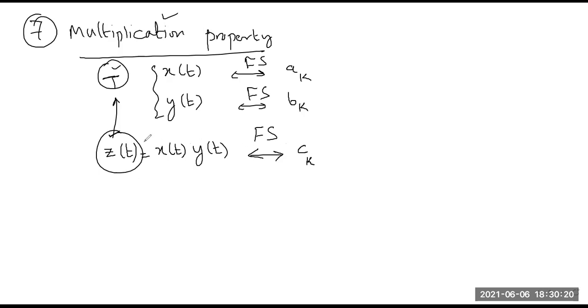The Fourier coefficient of this signal z of t, which is the product of two signals, is equal to the convolution between the Fourier coefficients of x of t and y of t. It means it has to be equal to ak convolved with bk. So the multiplication operation in the time domain results in the convolution operation in the frequency domain.